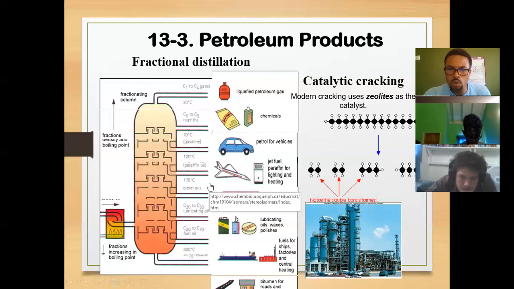Now, how do they actually cause the separation? This is fractionating the hydrocarbons using fractional distillation. By heating the hydrocarbons under high temperatures, they can separate the different hydrocarbons found in crude oil, or petroleum.